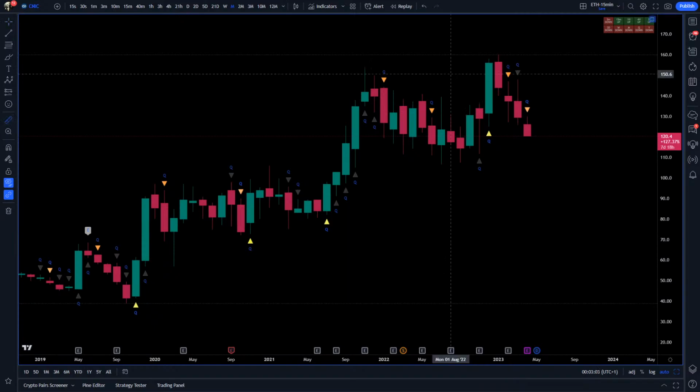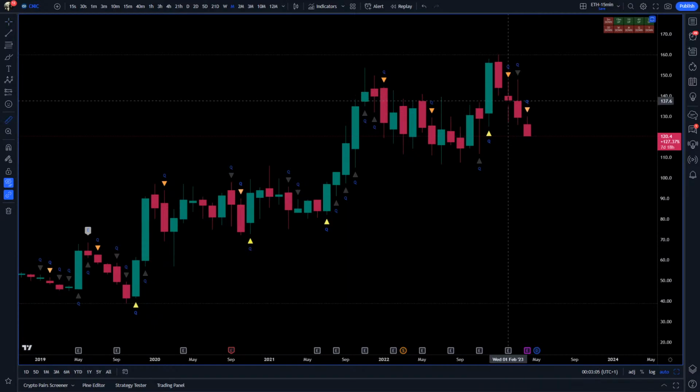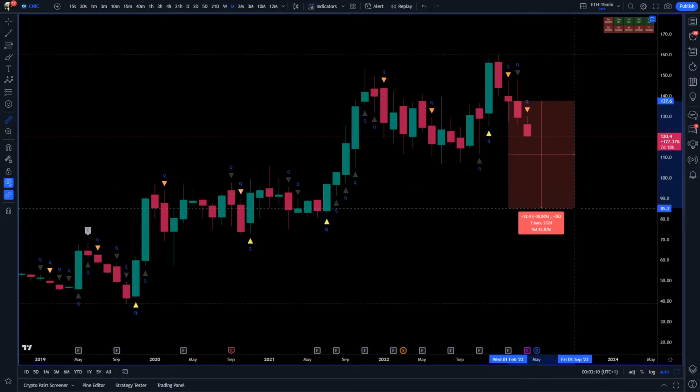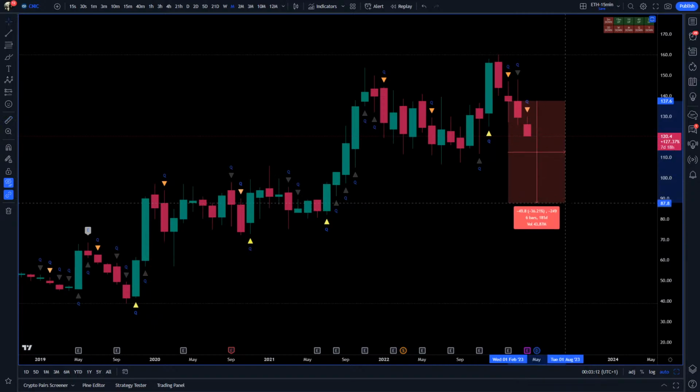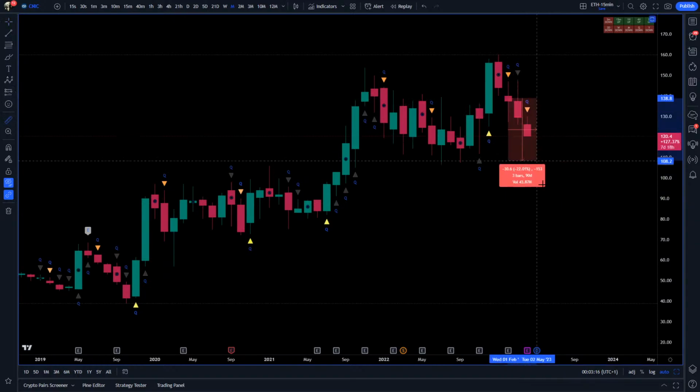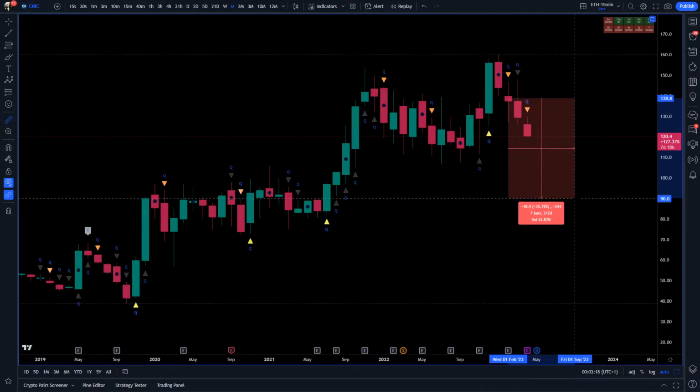So for the whole year starting from this point, it would go maybe all the way down until here, and it could take a few months. Okay, it won't just take 3 months.